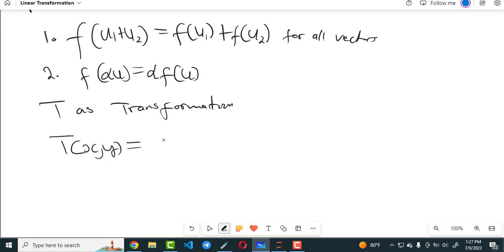This transformation can be mapped to 2x and 3y, or we can say it can be mapped to minus 3y. It depends. So the linear transformation t takes in two-dimensional vectors, x and y, as input.